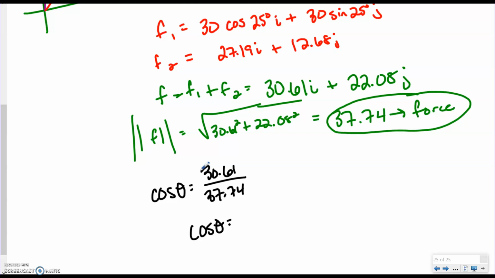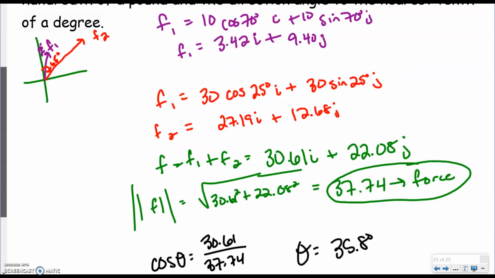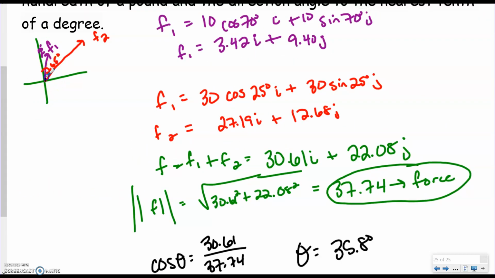And then you're going to do inverse cosine. Okay, so 30.61 divided by 37.74 is about 0.81. And then do inverse cosine of 0.81, and you find that theta is about 35.8 degrees. So that is the direction. So when you think of this, this is 25, so this is my F if I were to graph it.